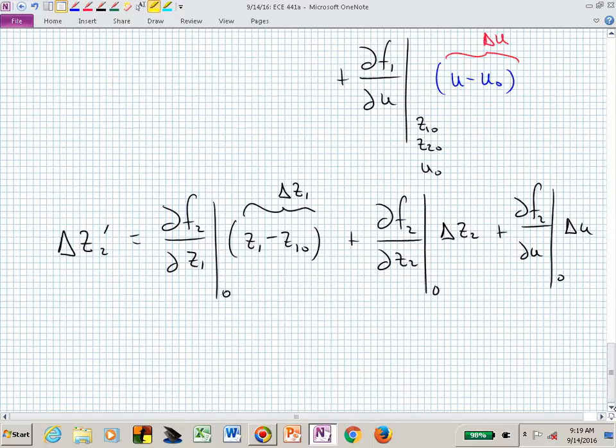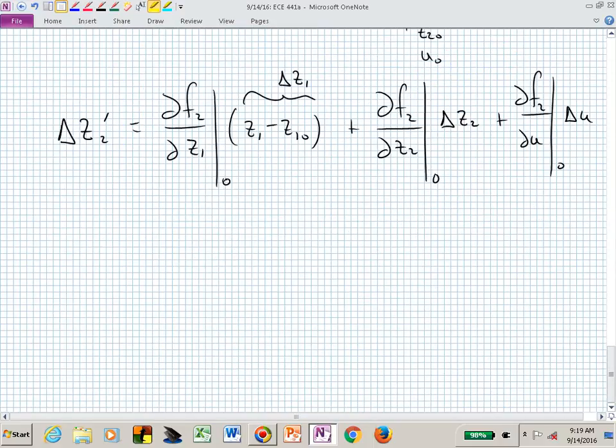And in this class, most of the time, if not all of the time, that's going to be an equilibrium point. If you think of a pendulum that's swinging in the downward position, what's its equilibrium state? Vertically down. So we're linearizing, finding the angles and the angular velocity associated with that pendulum in that equilibrium condition. Question?